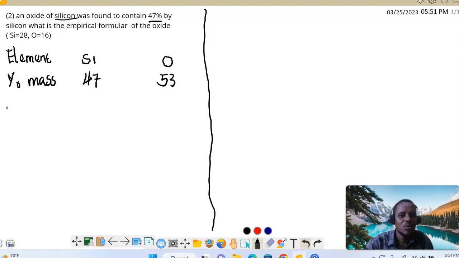Then next we do the molar mass. The molar mass of silicon, we have in the bracket, 28. The molar mass of oxygen is 16. Okay, number of moles.